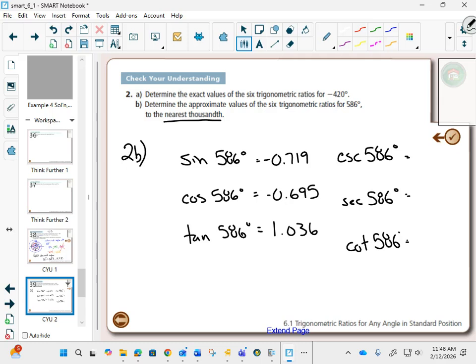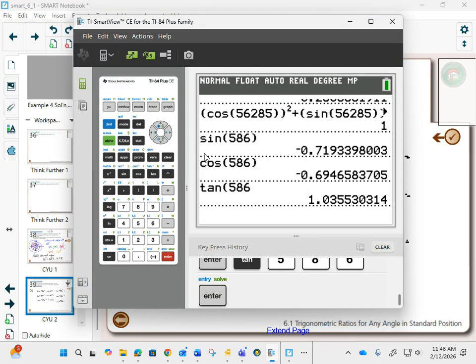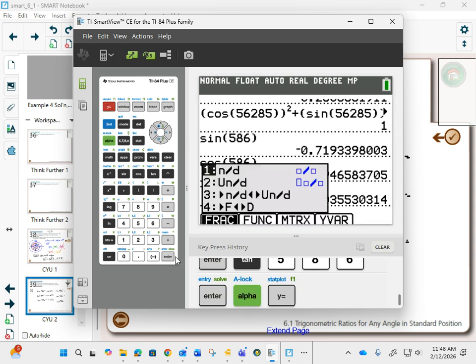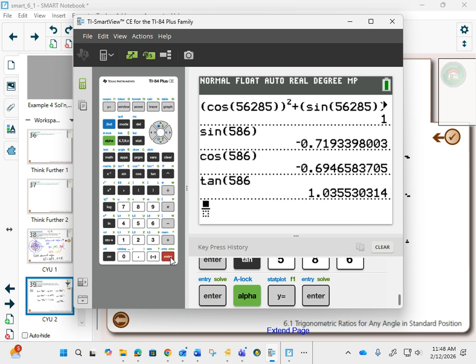But unfortunately, we do not have a cosecant button. We do not have a secant button, and we do not have a cotangent button. So when we go to type these into our calculator, if you have a newer graphing calculator, you can go alpha y equals and get this fraction button, super nice. If not, you can still use the dividing button.